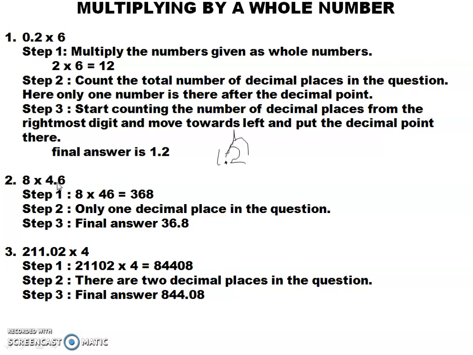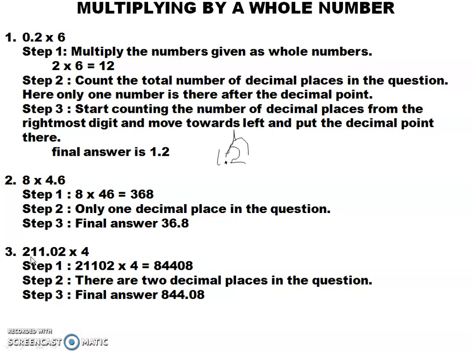How many decimal places are there? Only one decimal place is there. So, after 8 you will put the decimal point. Always count from the right end.